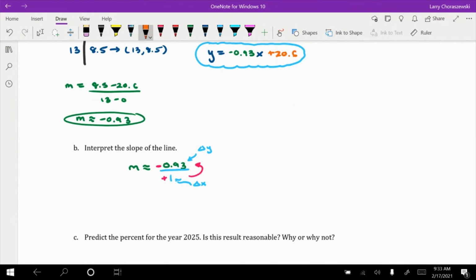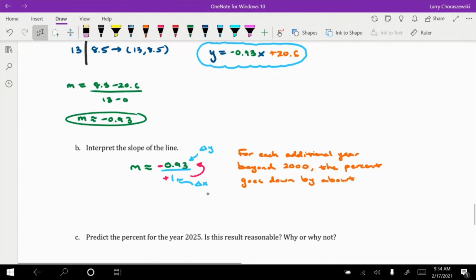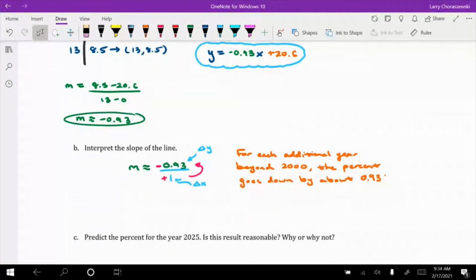I'm going to put it this way. For each additional year beyond 2000, the percent goes down by about 0.93%.